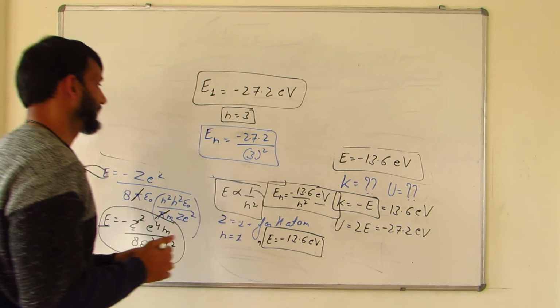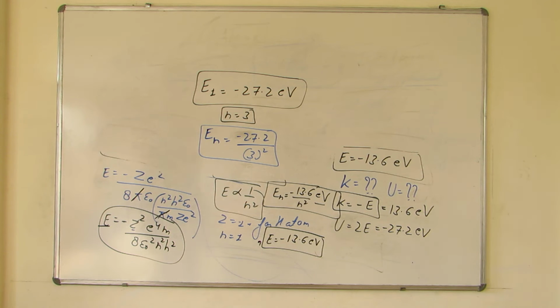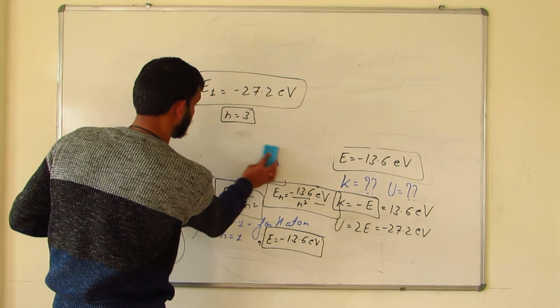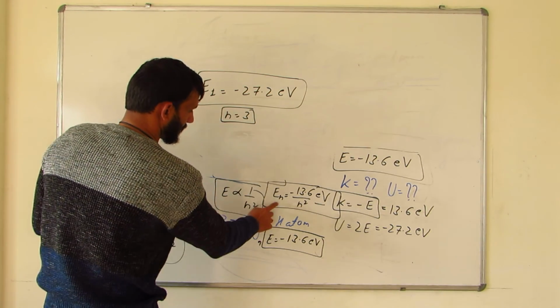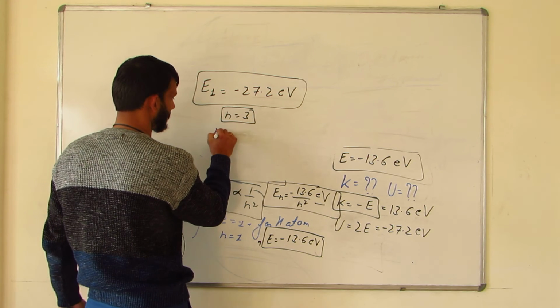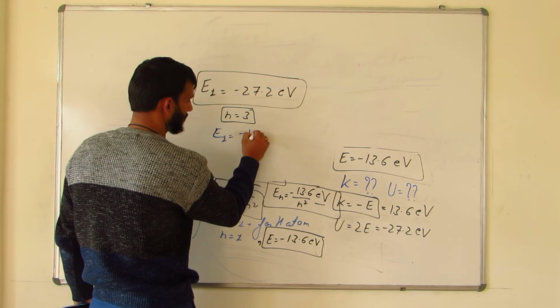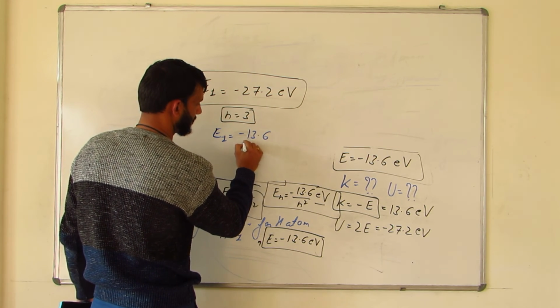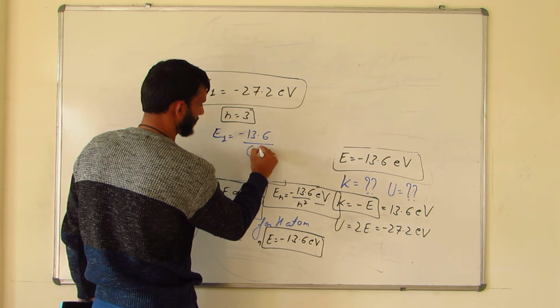That can be calculated using this, right? And if you want to use the other relation, E1 is equal to minus 13.6 upon 1 square.